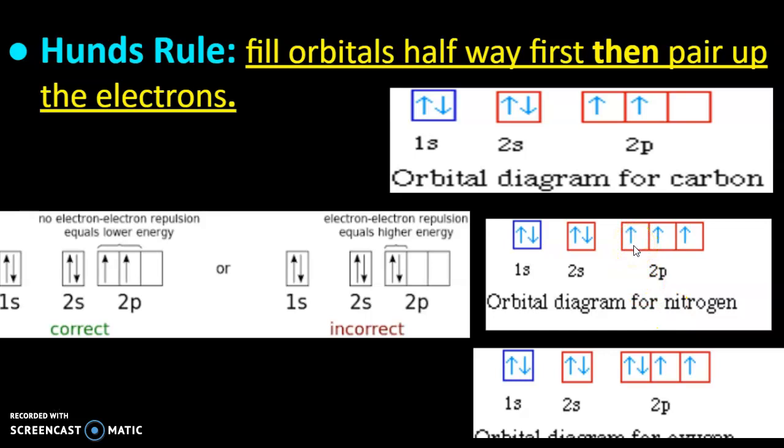You add the top spin electron before you fill in the orbital at the first one. For example here, this is the incorrect way, because electrons repel each other, so they're going to have to fill in another orbital right here before filling in a double electron.